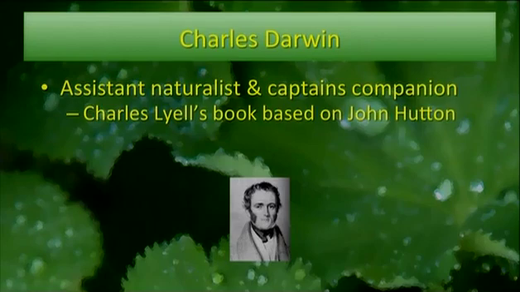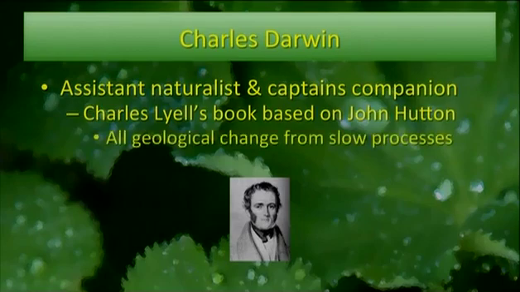Charles Lyell's book is based on James Hutton's idea that all geological change came from slow processes. Earth changes, such as the making of a canyon or the building of a mountain, took thousands, hundreds of thousands of years. Some scientists were thinking that Earth was very old indeed, because most people at the time thought the Earth was no more than 4,000 to 10,000 years old, since they went by the list of kings in the Bible.